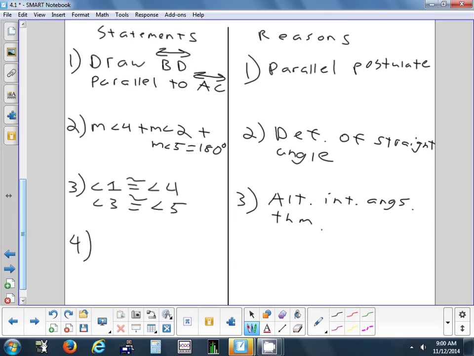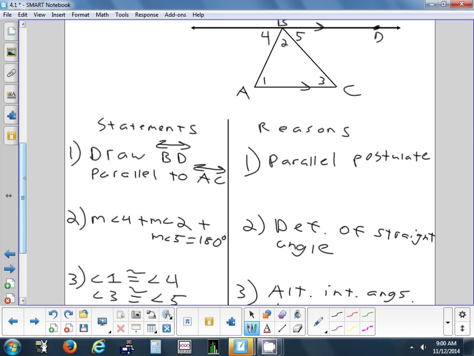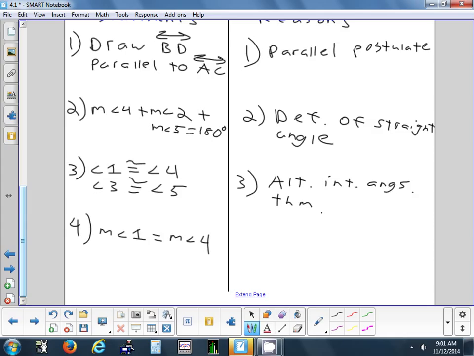Their measures are also equal. So the measure of angle 1 equals the measure of angle 4, and that's going to help us out when we look back at step 2. So 1 and 4 have the same measure. 3 and 5 have the same measure, and that's the definition of congruent angles.